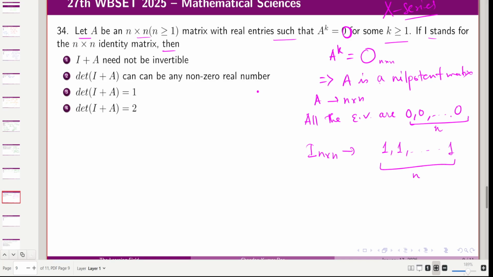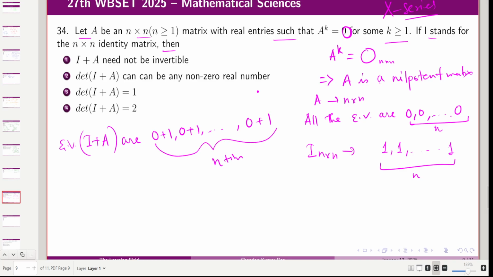So what are the eigenvalues of I plus A? They are 0 plus 1, 0 plus 1, up to 0 plus 1, also n times. That means 1, 1, 1 and 1, n times. So the eigenvalues of I plus A are all 1.